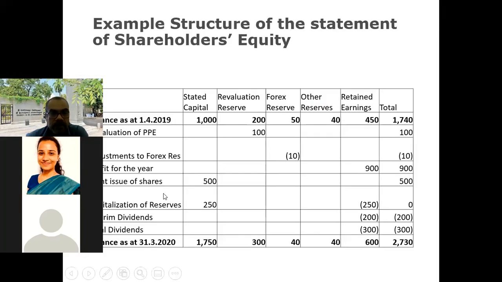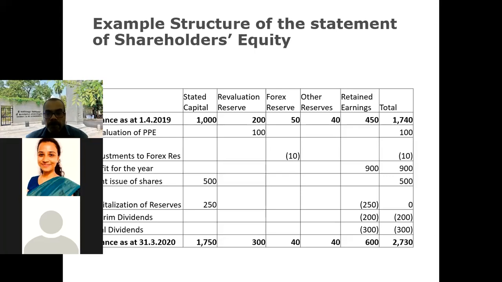Right. Then are there any other items that you have any doubt about in the changes in equity? Anyway, later we will be discussing rights issues for the benefit of you guys.